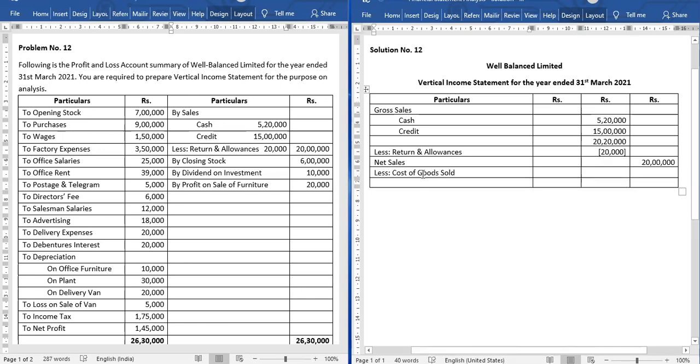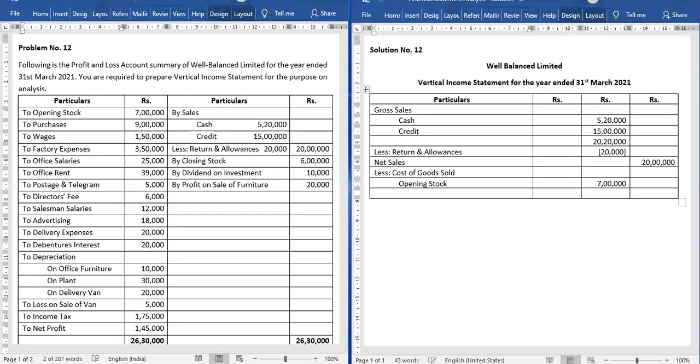Cost of goods sold includes, now let's see what we have. Opening stock, how much? Opening stock 7 lakh. Yes.